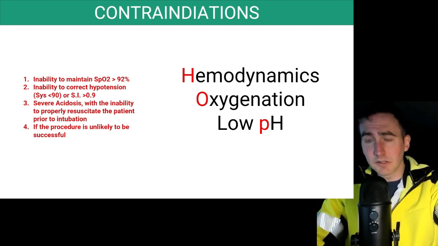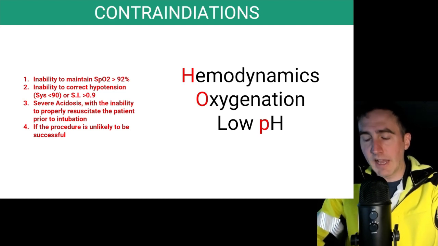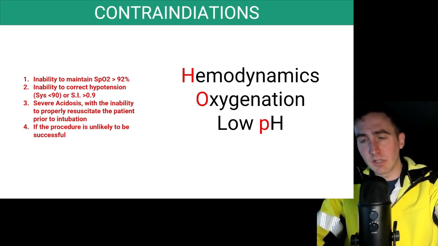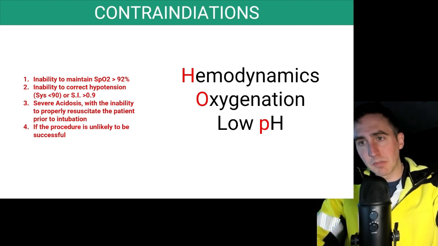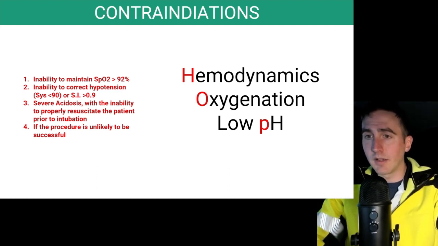It's not guaranteed that they're going to keep breathing after we give ketamine, and then we're actually inducing apnea. So the patient is going to be paralyzed and we're not going to be able to ventilate while we're trying to intubate. So that CO2 can rapidly climb, the pH can lower even further, and the patient can decompensate and go into cardiac arrest.